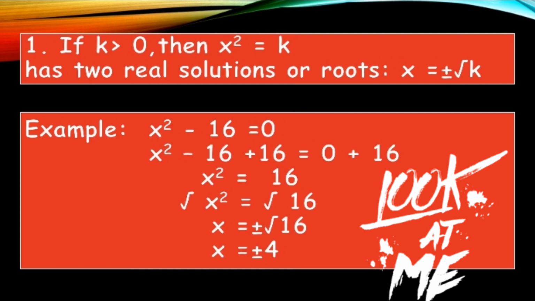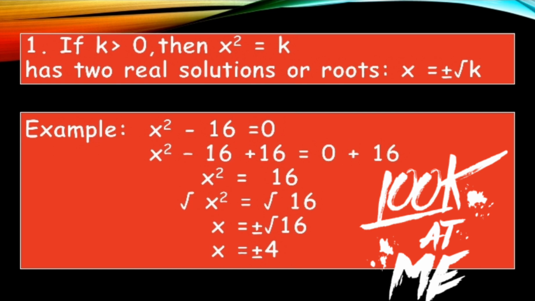So, narito yung example. X squared minus 16 is equal to 0. So, since kailangan nating makita na in the format siya ng x squared is equal to k, gagamitan natin siya ng addition property of equality. We're going to add 16 in both sides of the equation.